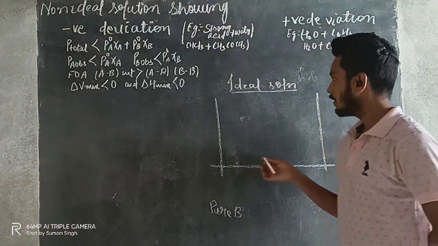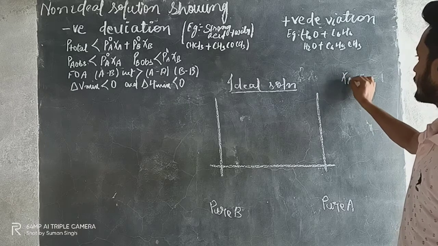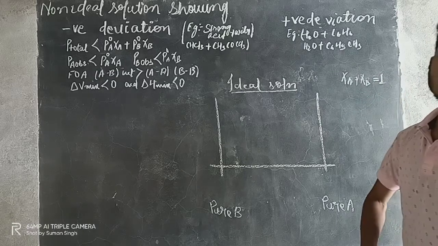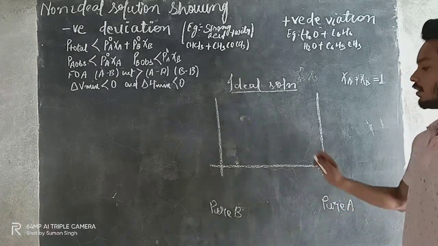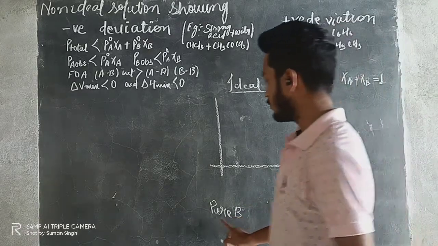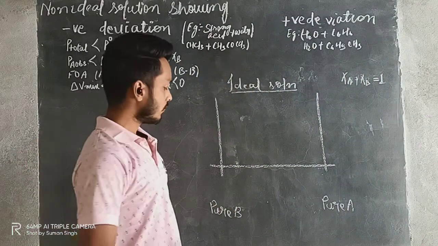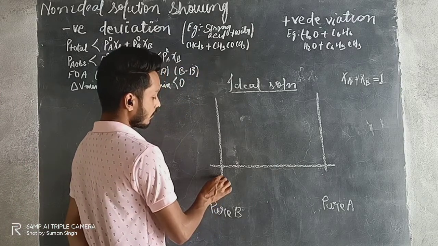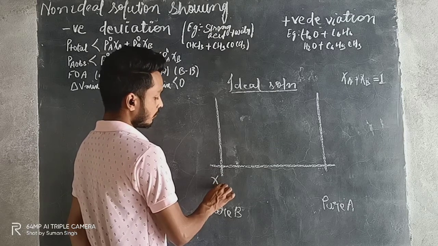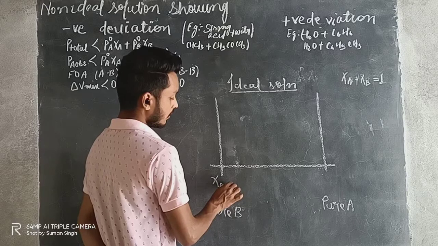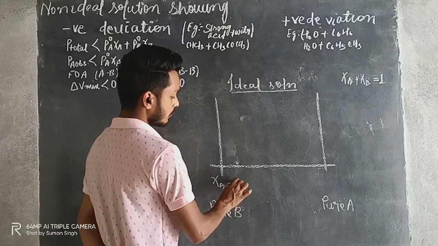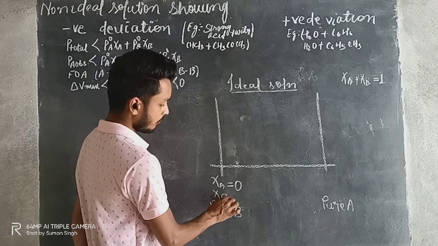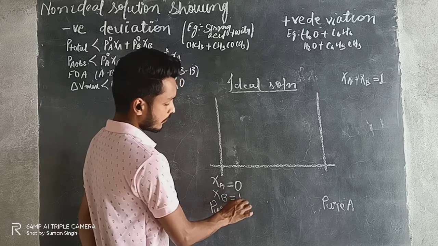I have told you that mole fraction of A plus mole fraction of B is equal to 1. This one we discussed in the first lecture, right? So here, if it is pure B only, it means the mole fraction of A will be 0, as well as mole fraction of B will be equal to 1, right?